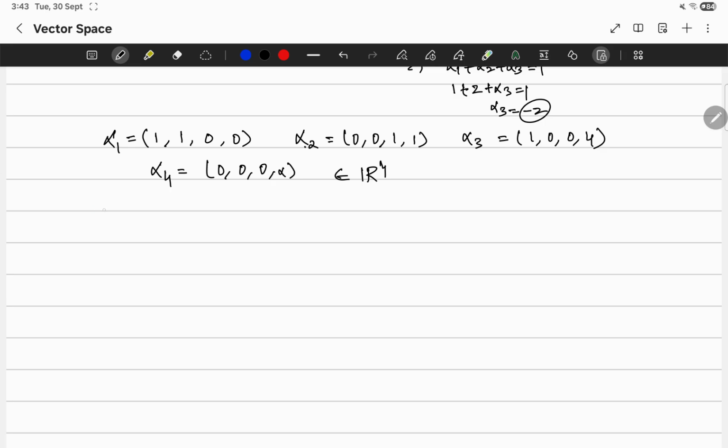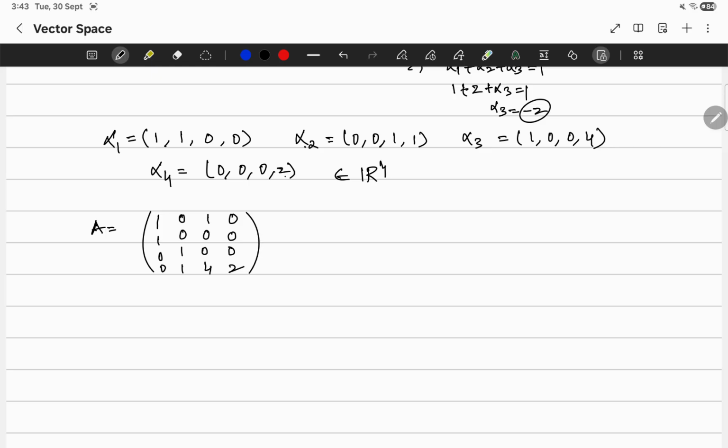For that, first check that they are linearly independent. Make a matrix, keeping all the vectors as columns: 1 1 0 0, 0 0 1 1, 1 0 0 4, and 0 0 0 2.